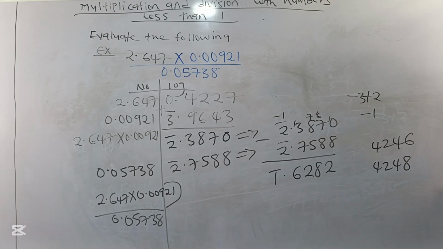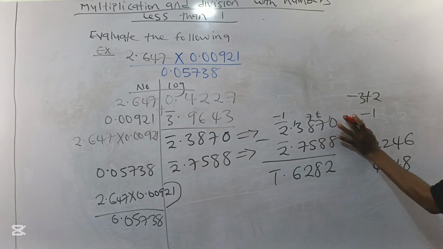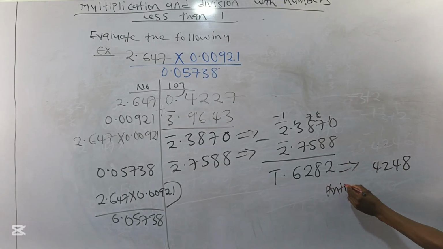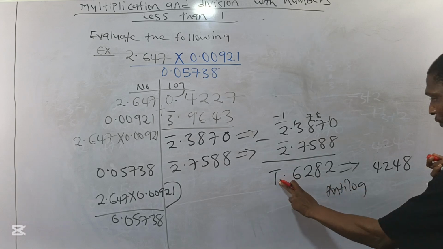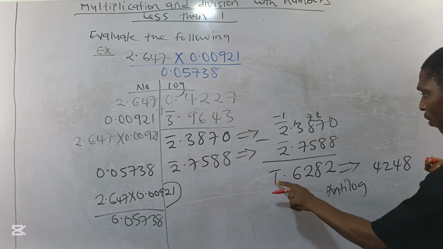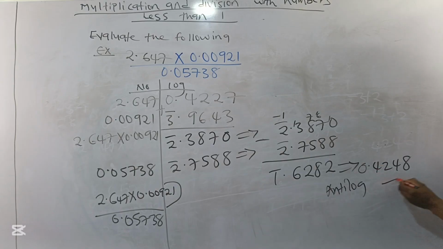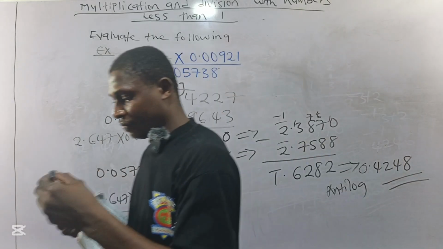So we have this as our antilog. But because of the bar 1, we need one zero before our actual value. So we have 0 point. So this becomes my answer, 0.4248, to the solution of this.